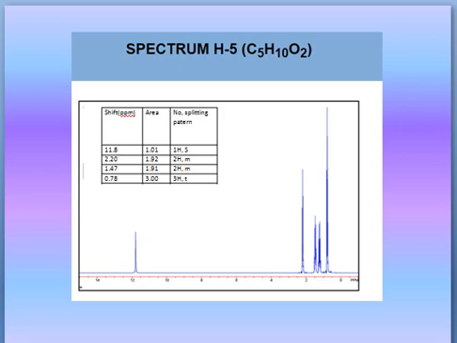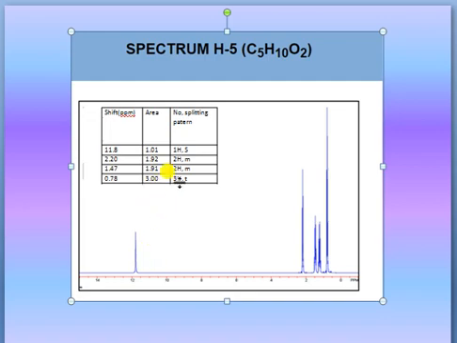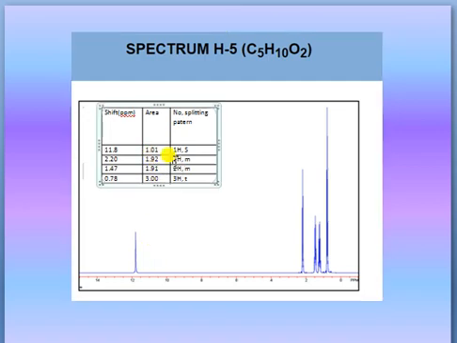So two protons are missing here. Okay, this is four actually. The multiplets are four, not this one. This is four protons.